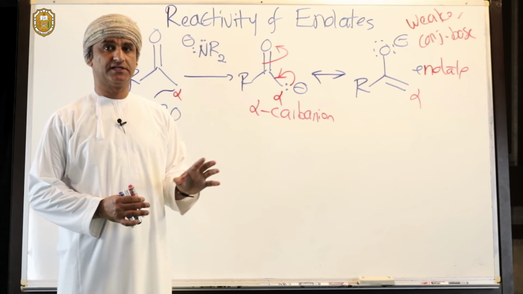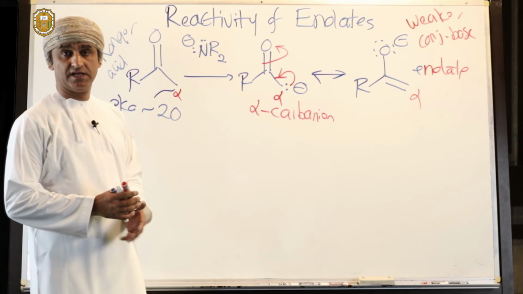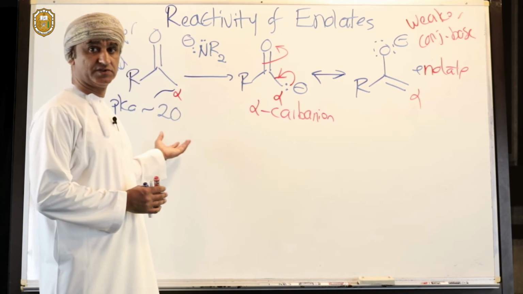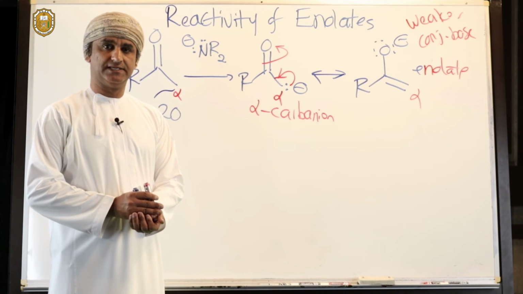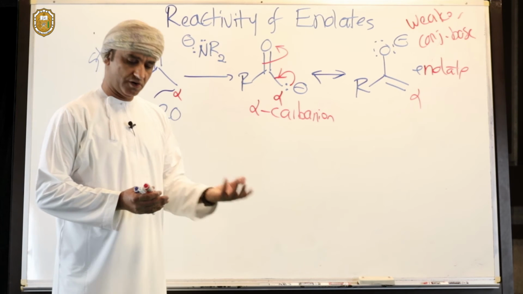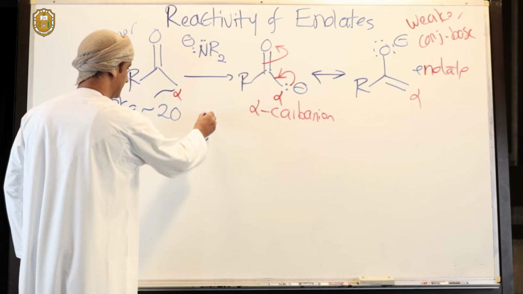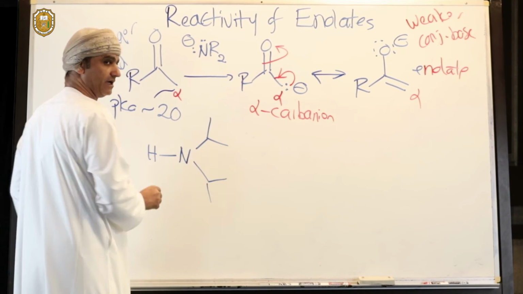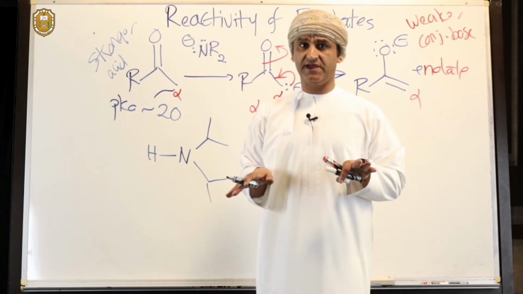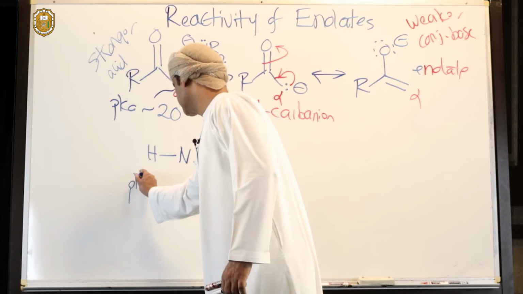We have just learned that amide ions are suitable bases to deprotonate carbonyl compounds such as ketones at the alpha position to make the corresponding alpha carbanion or enolates. Let's take an example of an amide ion. If you take diisopropylamine, remember the pKa of amines in general is about 40, here it's 38 actually.